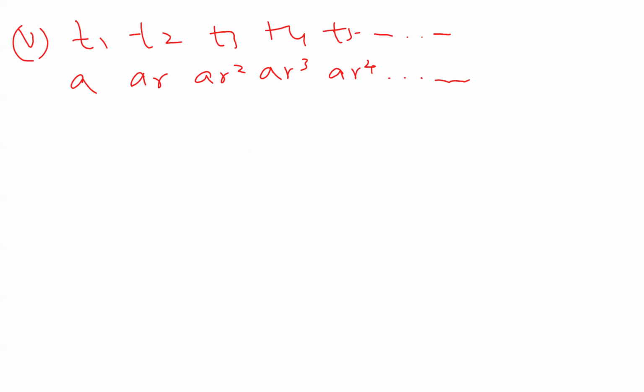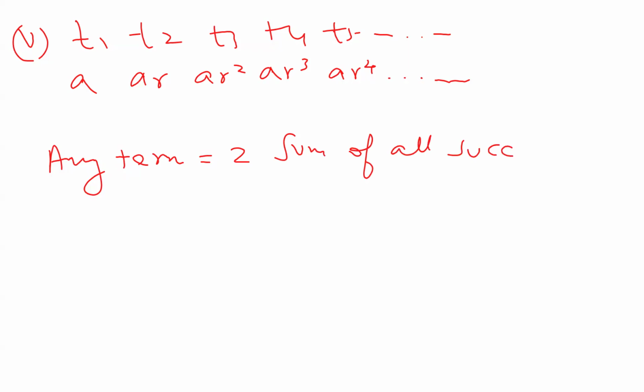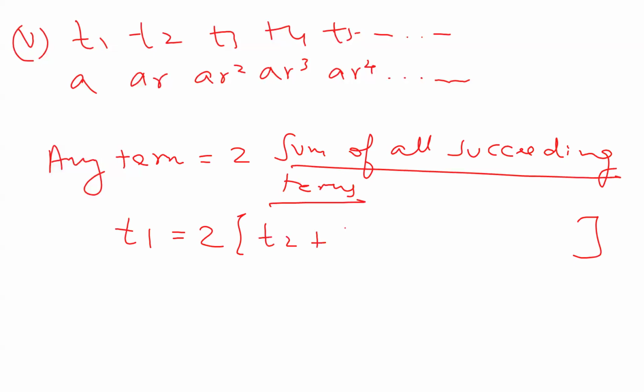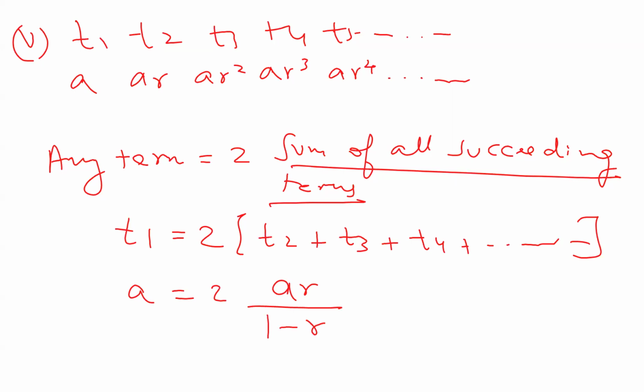What they have given is that any term is equal to twice the sum of all succeeding terms, the terms which are next to that term. So for simplicity, I will take the term as T1, 2 into the sum of all succeeding terms, T2 plus T3 plus T4 plus so on. A is equal to 2 AR upon 1 minus R.